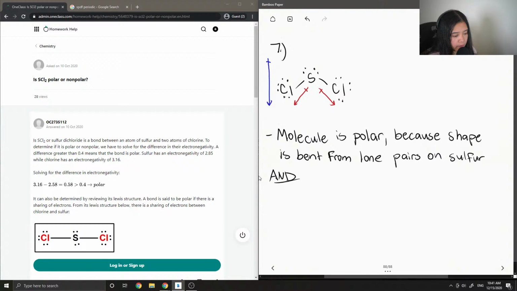And also, chlorine is more electronegative. This causes a non-zero dipole moment.